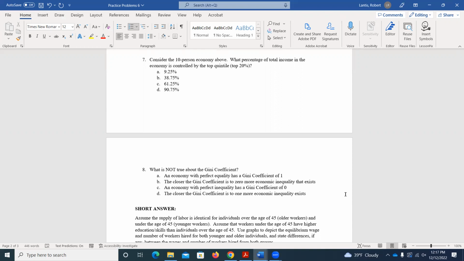Everybody's earning the exact same amount. That's our perfectly equitable society. Every single quintile would have the exact same percent, right? So the bottom 20% would own 20% of the wealth. The bottom 40% would own 40% of the wealth, right? This would kind of continue until we get up to this point where we're at 100, and we have this line of equality, right?